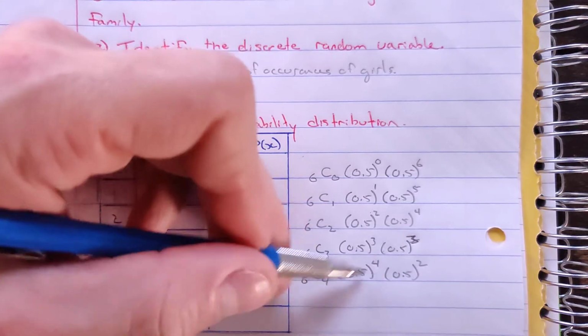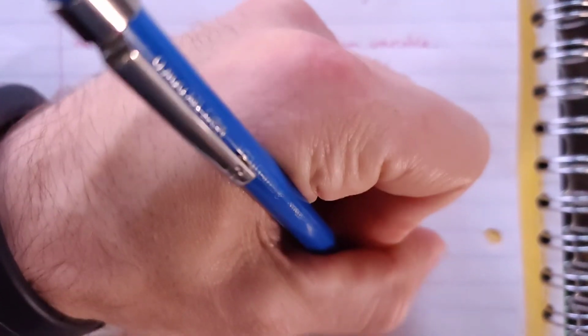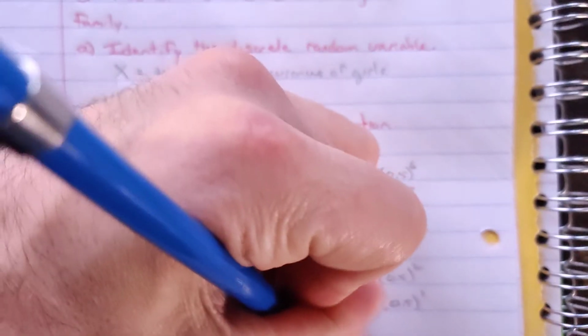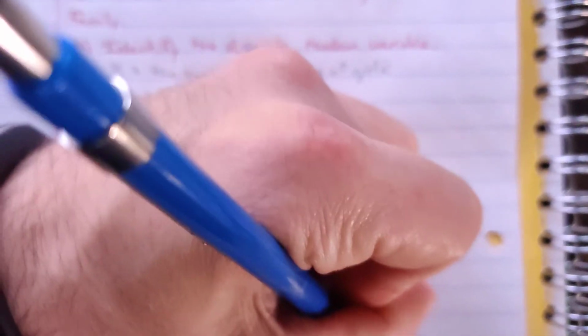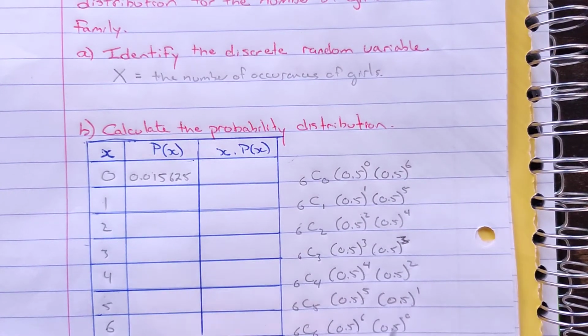4 successes, 2 failures. 6 choose 5, so 0.5 to the 5, 0.5 to the 1. Successes, failures. And then 6 choose 6, 0.5 to the 6, 0.5 to the 0. 6 successes, 0 failures.